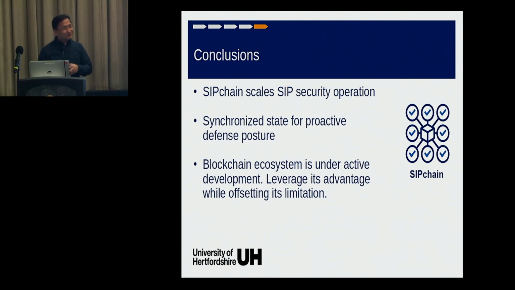But for what it's worth, we can take advantage of the blockchain while mitigating and recognizing its limitations. But I think as we move forward, it's a community effort that we want to foster and collaborate on together. That's all I have.